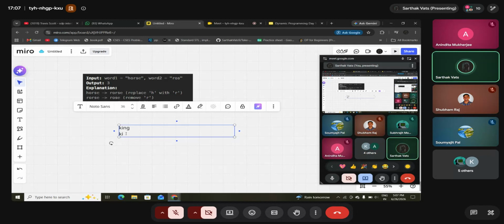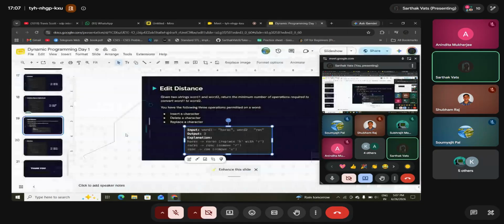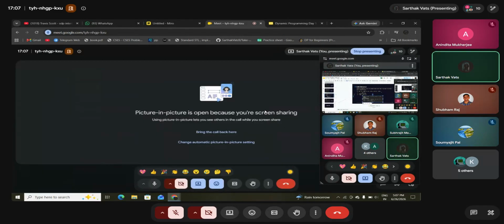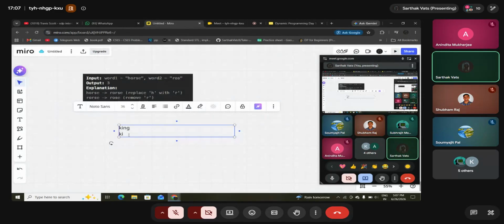Let me see for a good example here. If the words are king and kin, then you can also remove all the letters from this and you can remove all the letters from this.